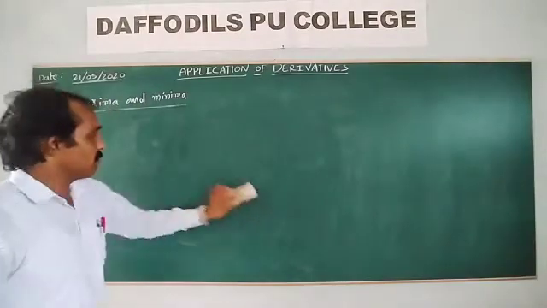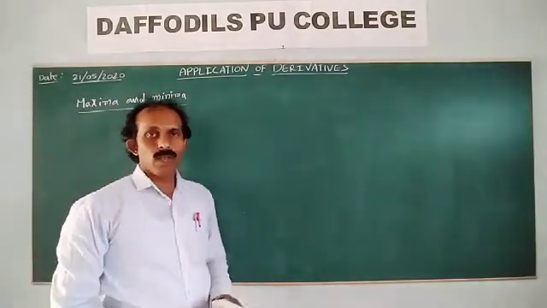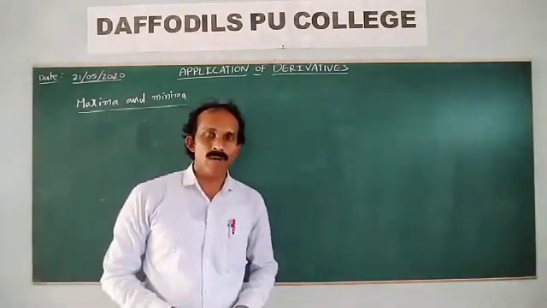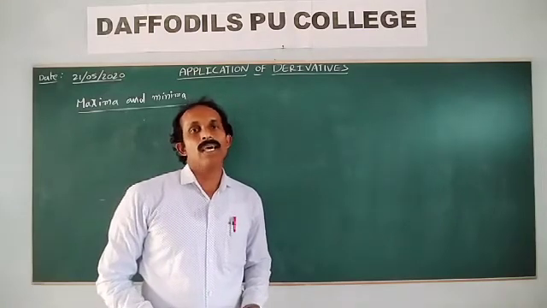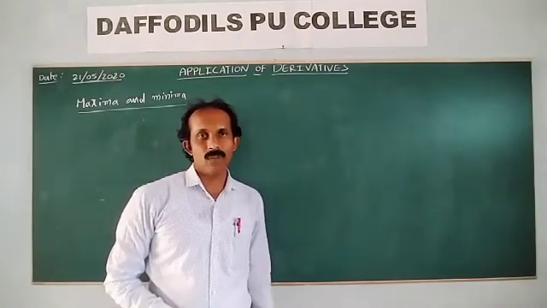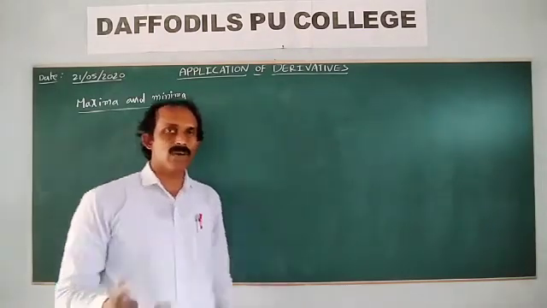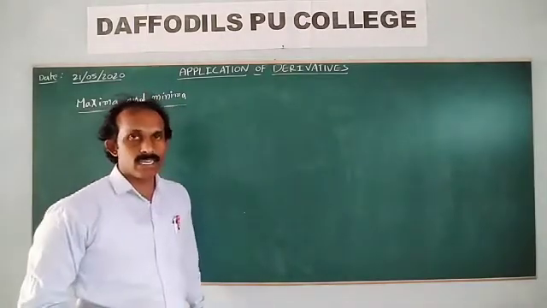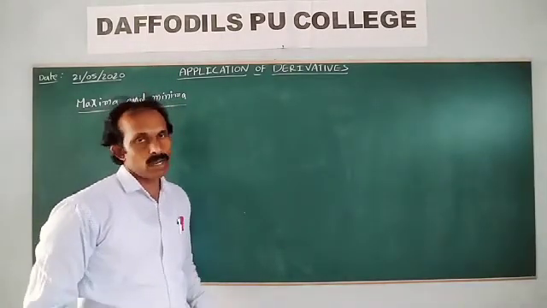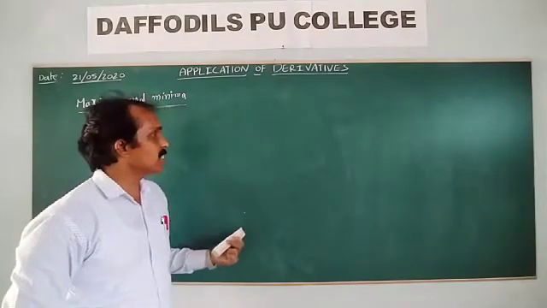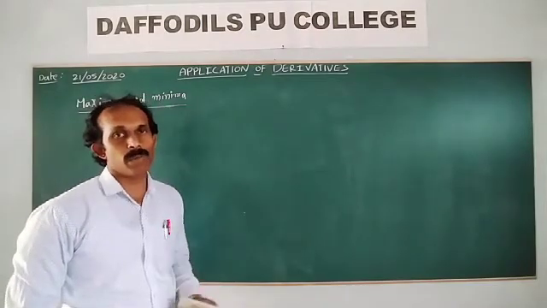If f has a maximum value or minimum value, then f is said to have an extreme value. Extreme value means f is either a maximum value or a minimum value. Like that, if f is increasing or decreasing, then f is said to be a monotonic function.